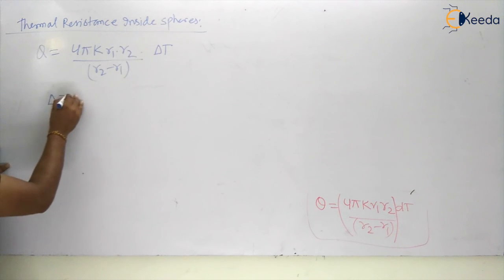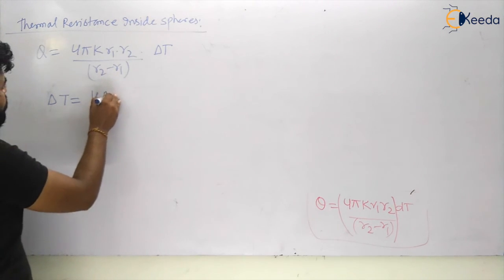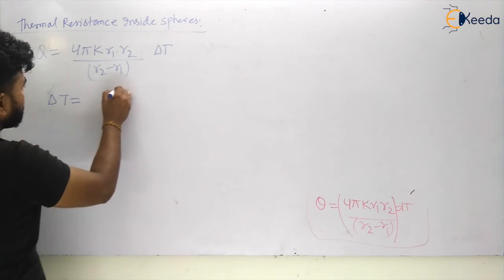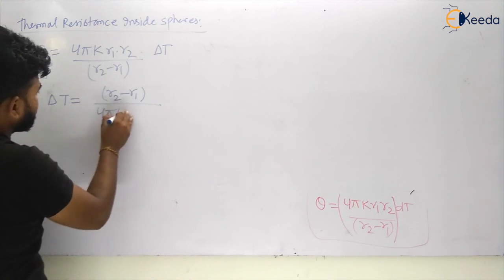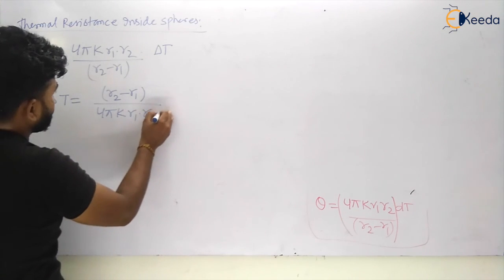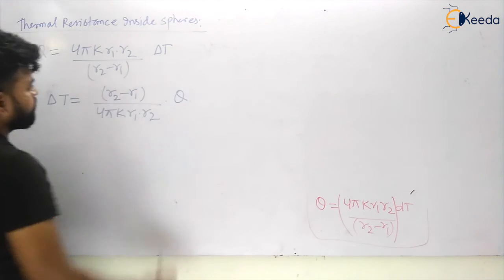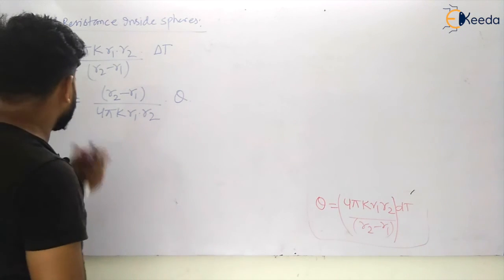Yes. So this will become delta T is equal to 4 pi K or R2 minus R1 divided by 4 pi K R1 R2 into Q.